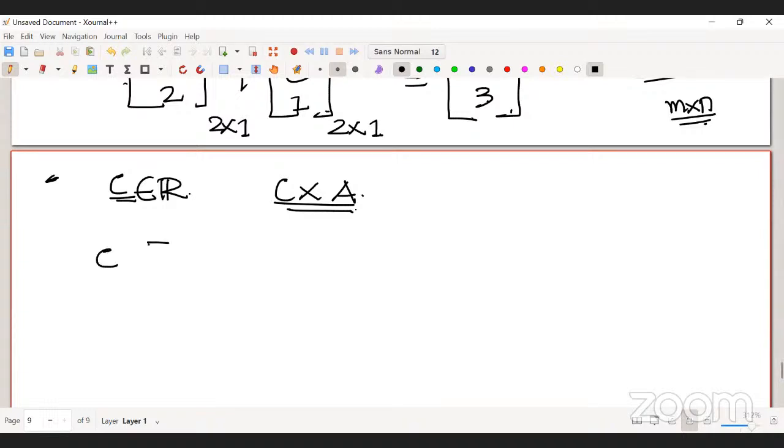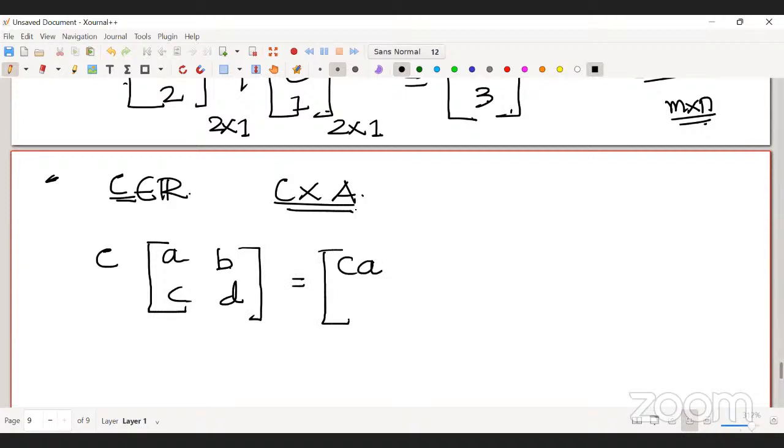So if you have a C, which is a real number, and you want to multiply it with some 2 cross 2 matrix A, B, C, D, you just need to multiply C with all the entries of the matrix.